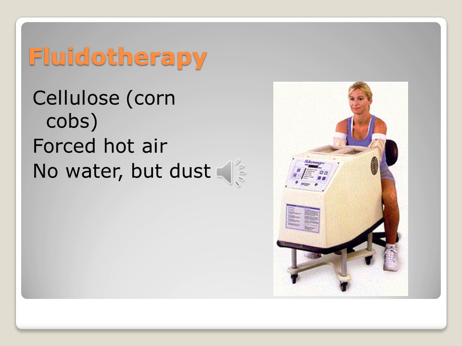So you can get a little warmer with this than with an actual whirlpool, because of the difference in what's producing the heat. A little bit of a different application, but from a timing perspective, you would do a treatment about as long as you would with a warm whirlpool.